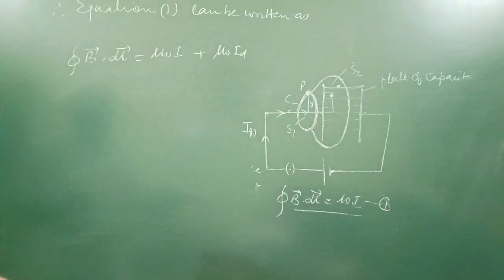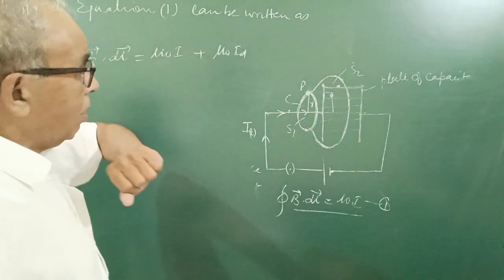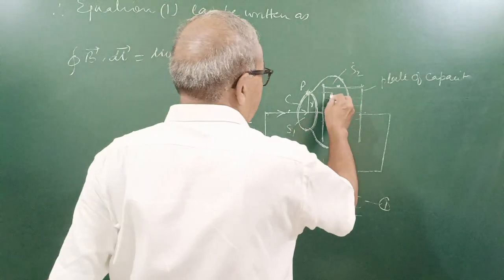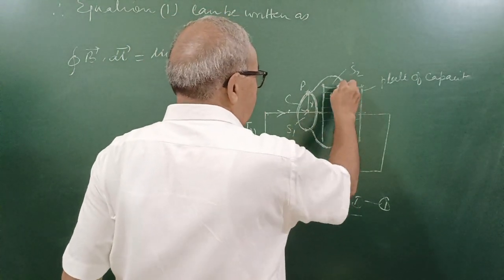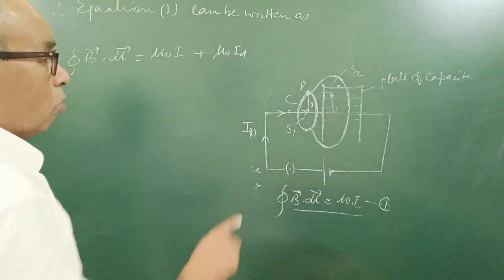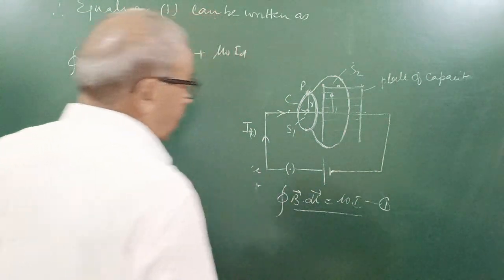But we come here to the point that the displacement current can produce a magnetic field. It may be the same at the same distance from the axis, but if we think that the field here and here are different, it is because the displacement current can be distributed in the entire space.